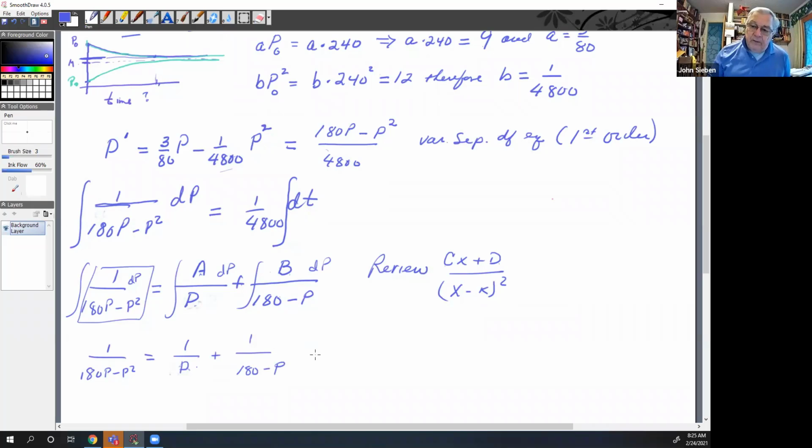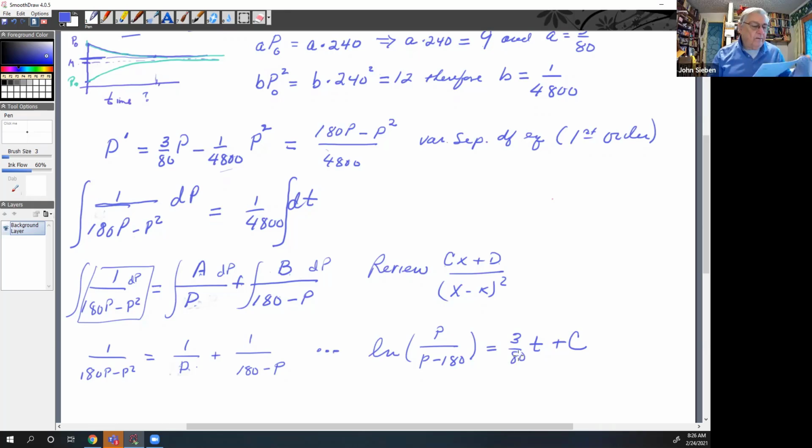And so then the integral becomes easy enough, and we wind up with a natural log of p over p minus 180 is equal to 3 over 80 t plus an arbitrary constant.